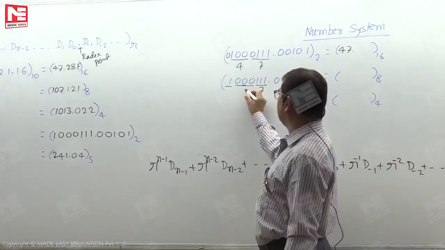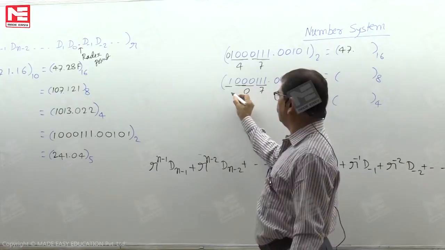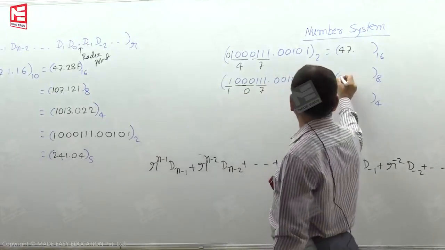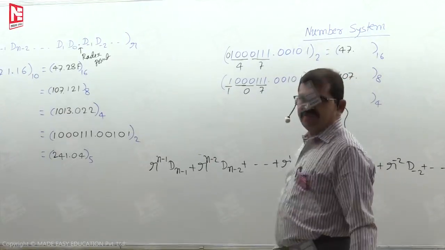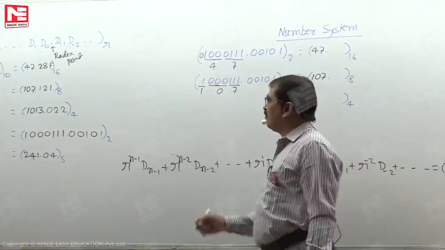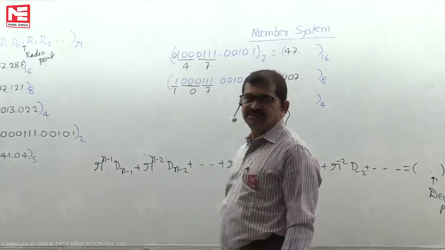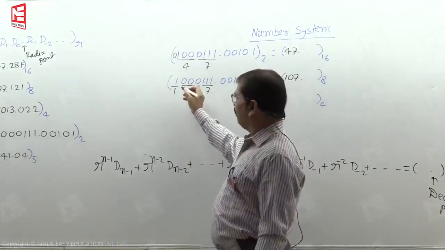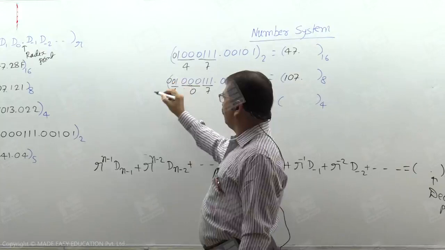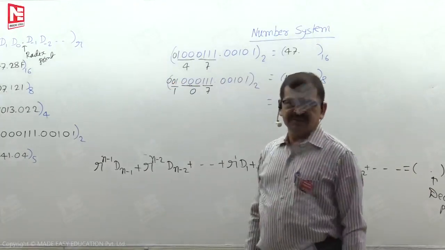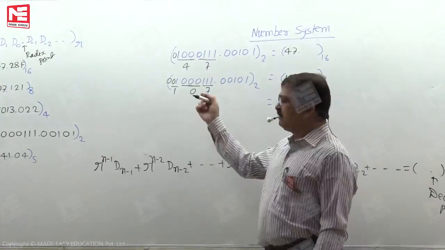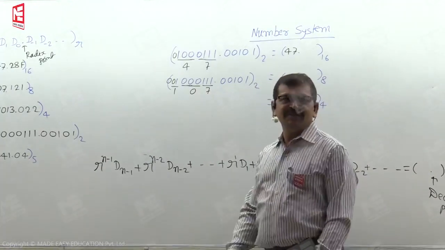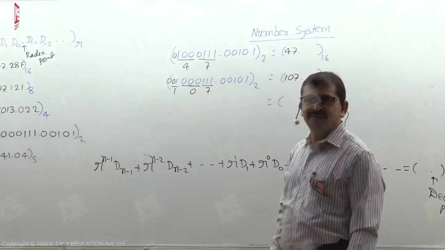This is 7, this is 0, this is 1. Hence, this is 107. Of course, in the third group, we have only a single bit. For clarity, without any confusion, if you want, you can prefix zeros, but you know well that prefixing any number of 0 bits does not affect the numerical value.